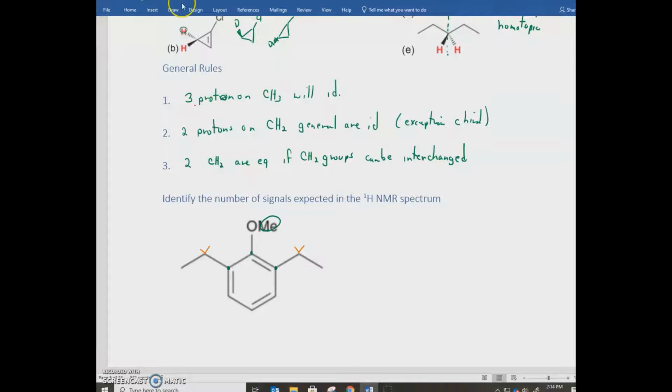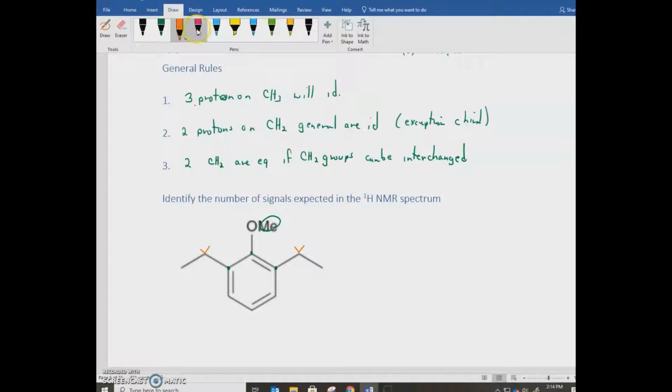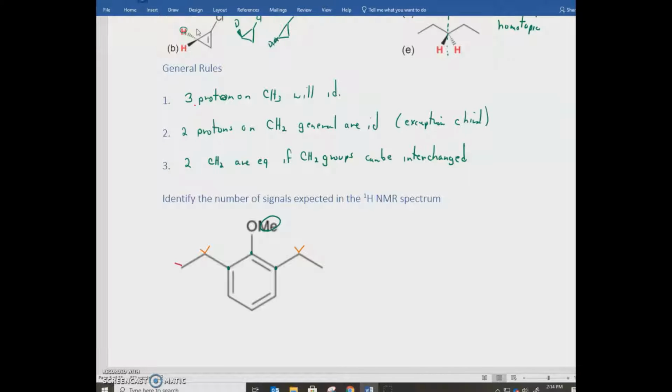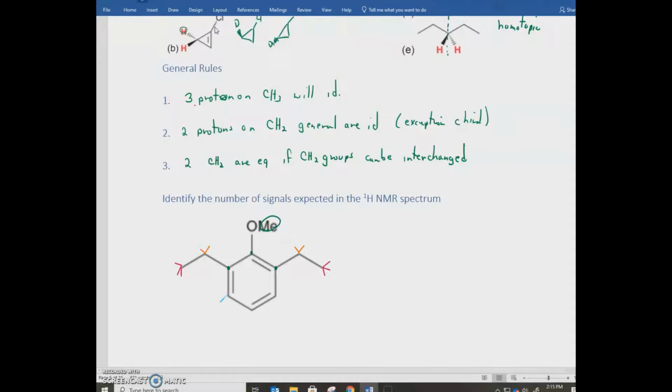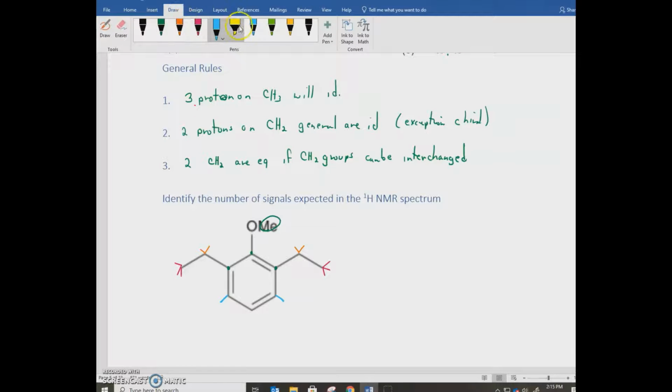Okay. The 3 hydrogens that are here will be identical to each other. That's like a methyl group. And they'll also be identical to the ones on the other side because we've got symmetry. The methyl group, the proton that's here will be identical to the proton that's there because of symmetry.